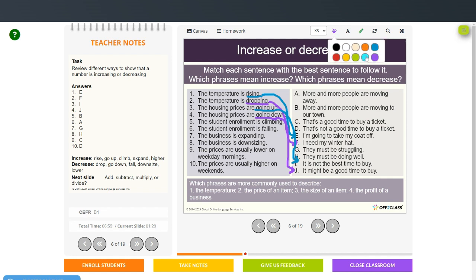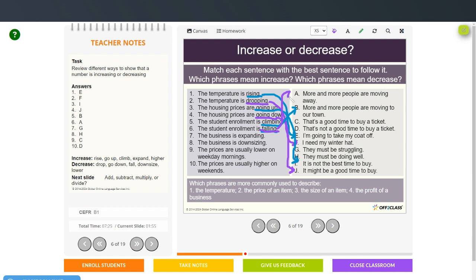Student enrollment is climbing. So that would be going up. More and more people are moving to town. And student enrollment is falling. So that's a decrease. Oops, I have to change my color there. Falling.